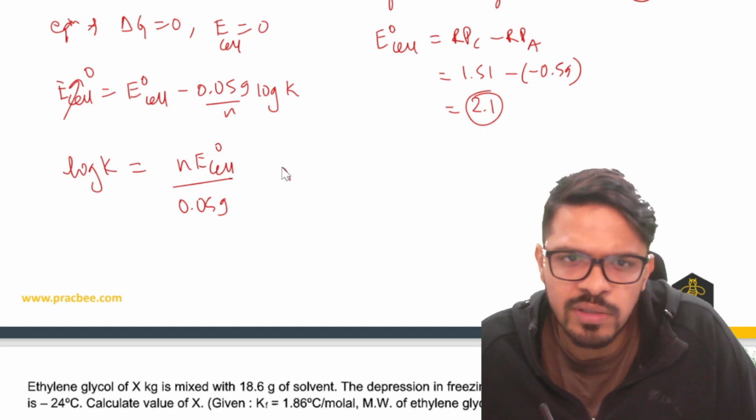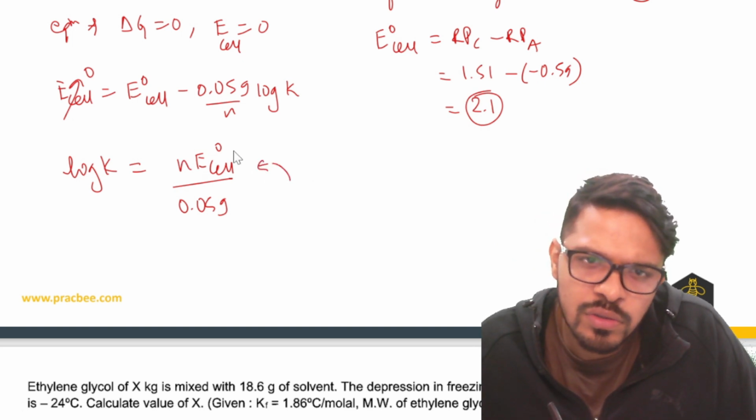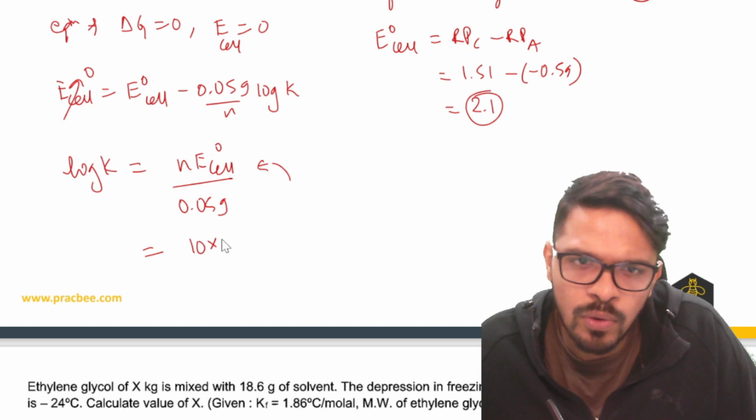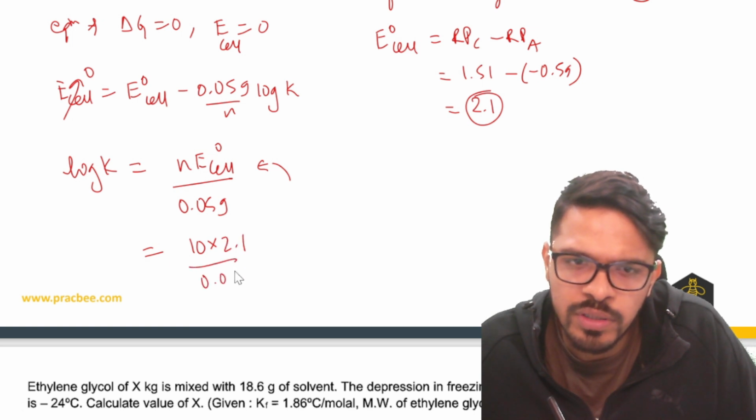Yes, so you can substitute the values. This is 10 into 2.1 divided by 0.059.